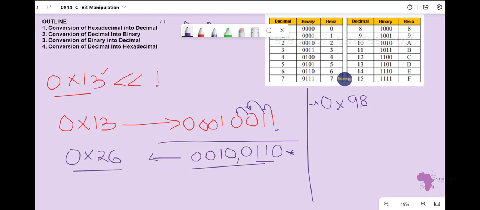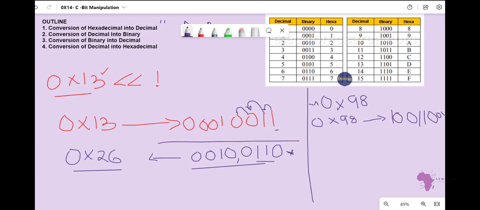First of all, we need to find the binary of this number, which I will require you to calculate. Its binary value will be 1, 0, 0, 1, 1, 0, 0, and 0.